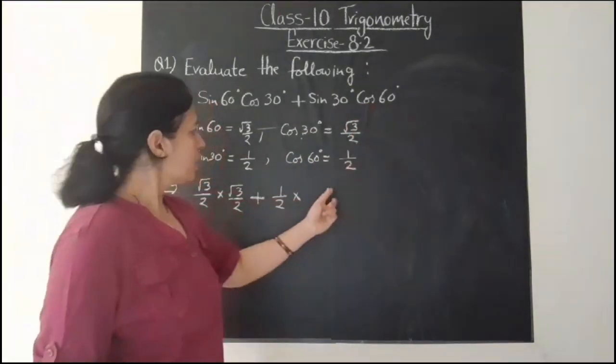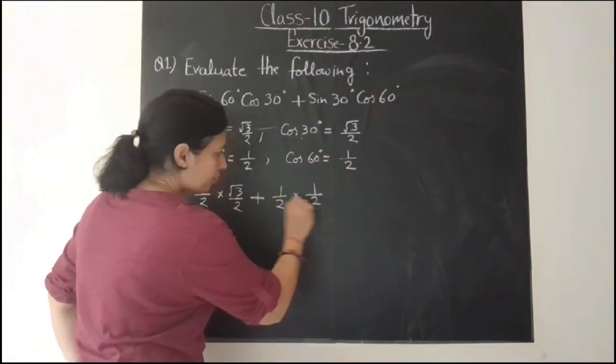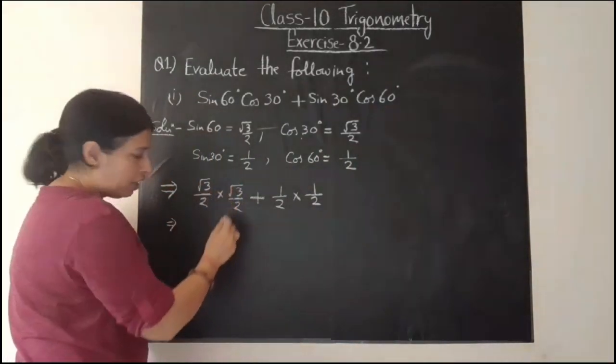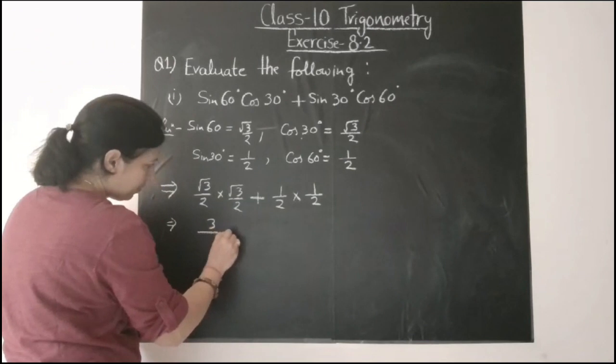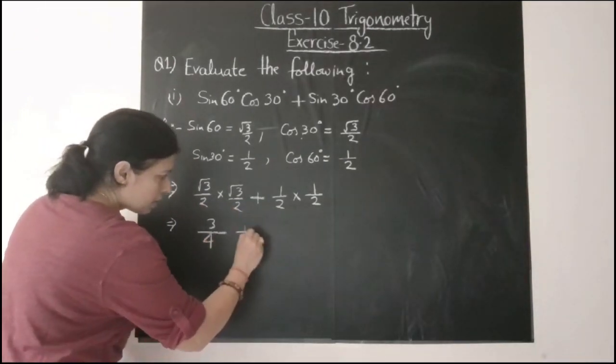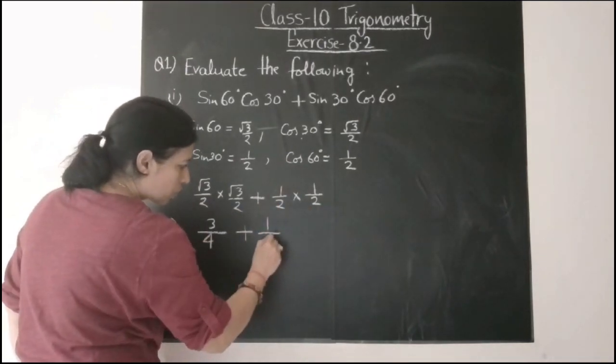Cos 60 is equal to 1 by 2. So multiply root 3 into root 3, 3, 2 into 2, 4, plus 1 into 1, 1, 2 into 2, 4.